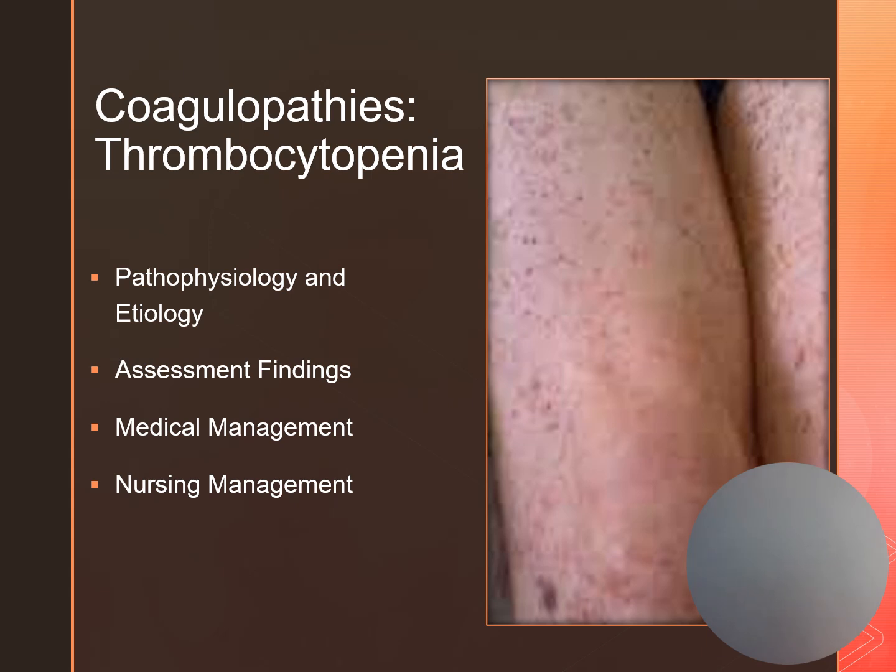Surgically, it may require a splenectomy to remove the spleen. It's very important that we initiate bleeding precautions to manage and minimize bleeding, and be aware of any adverse drug reactions. If we administer corticosteroids, make sure that when it's discontinued, that we taper the dosage and the frequency.